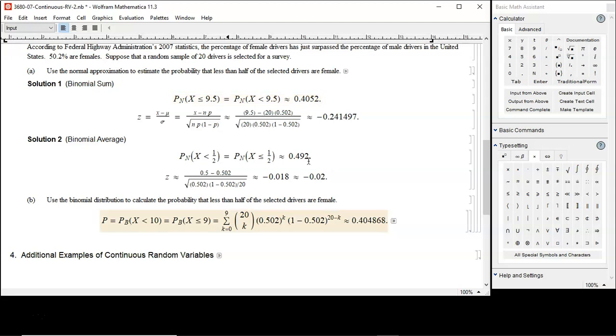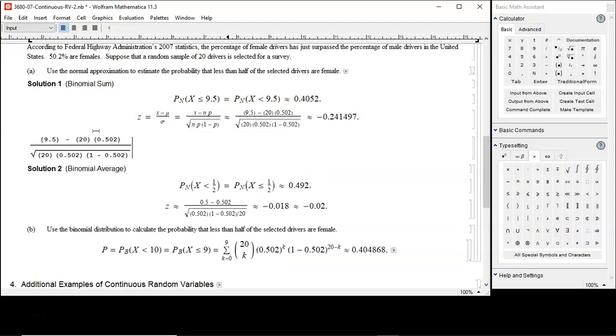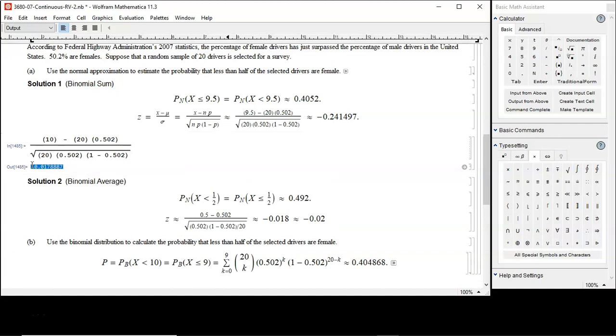If you just use binomial average, it's not very good. And this is equivalent to actually just using 10 here. If you use 10 there, then you're going to get something really bad. Let's see. Yes. You see, negative 0.01788, that's the figure we got before.